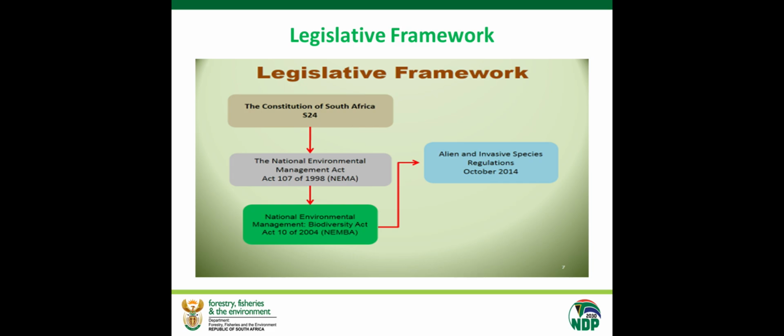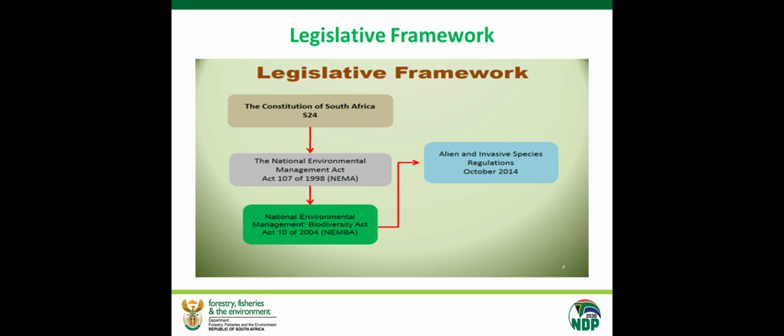After NEMA, we have different specific environmental management acts. These include the Waste Act, the Protected Areas Act, and also NEMBA, the Biodiversity Act, Act 10 of 2004, that I'm going to talk about today.